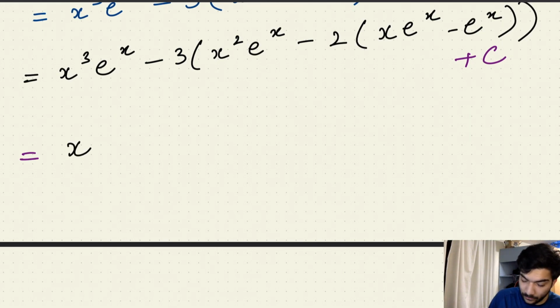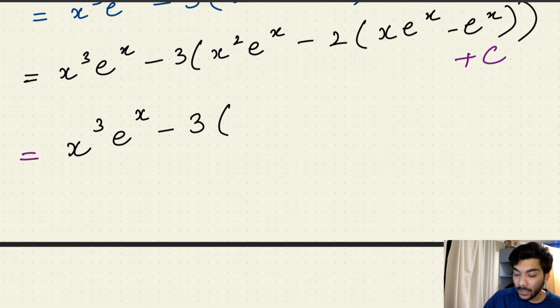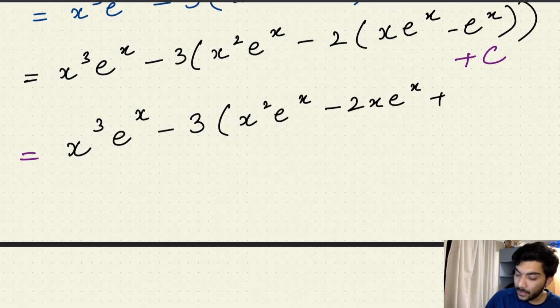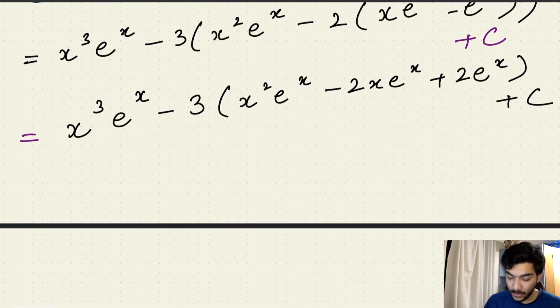So we'll solve this expression, which would be x cubed e to the power x minus 3 times, we'll solve the inner bracket first. So this would be x square e to the power x minus 2x e to the power x plus 2 e to the power x, and then we have a constant of integration at the last, right?